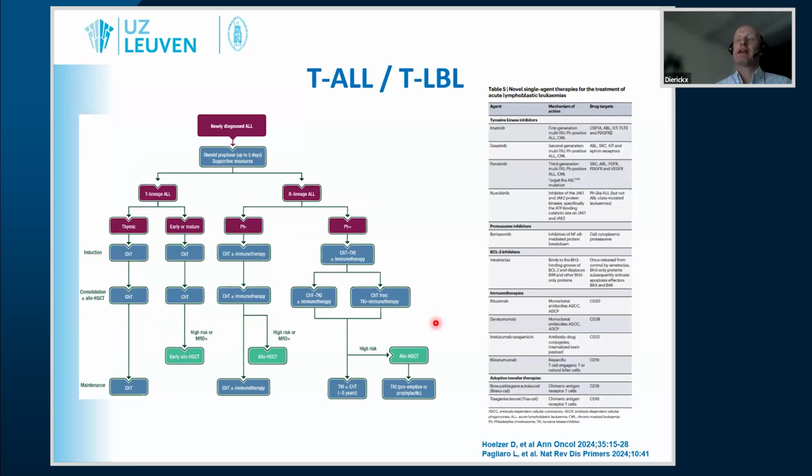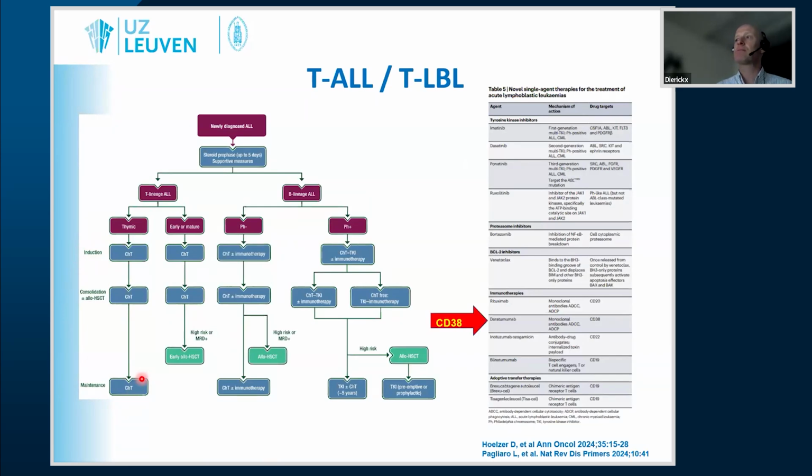Probably you're aware that ALL necessitates a really very complex treatment strategy. You have induction, you have reinduction, you have consolidation, you often have maintenance. When we look at new immune therapies for T-ALL or T lymphoblastic lymphoma, it's actually disappointing.